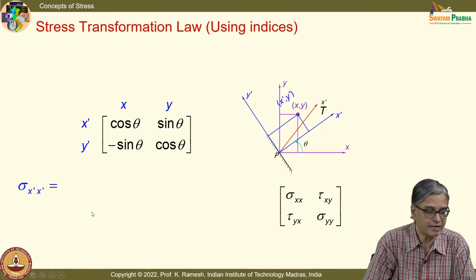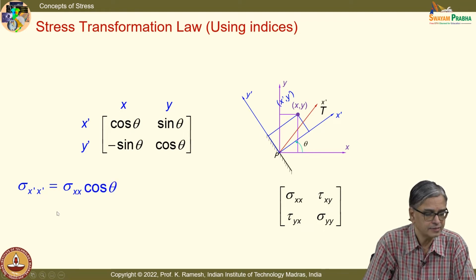What I want is sigma x prime. This will have contribution from all the terms. So, I take sigma xx, and what I do is, I have x prime x, and what is the x prime x direction cosine here? Cos theta. So, I will have cos theta. This is again x prime x, so I have cos theta. Then I go to the shear stress component. I have x prime x cos theta.